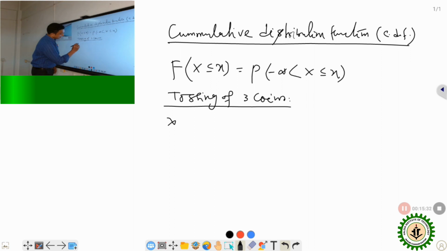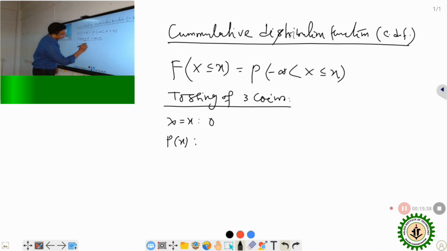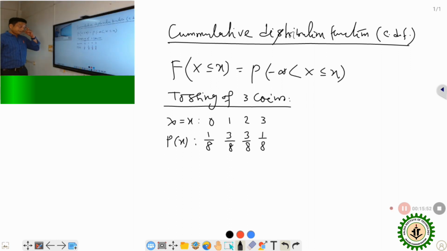So, X equals small x and probability of small x. The values are 0, 1, 2 and 3. Look at this. Since one case is there, it is 1 by 8. 3 cases for 1 and 2 heads, so it is 3 by 8, and the last one is also 1 by 8. This is the probability mass function for the tossing of 3 coins random experiment.